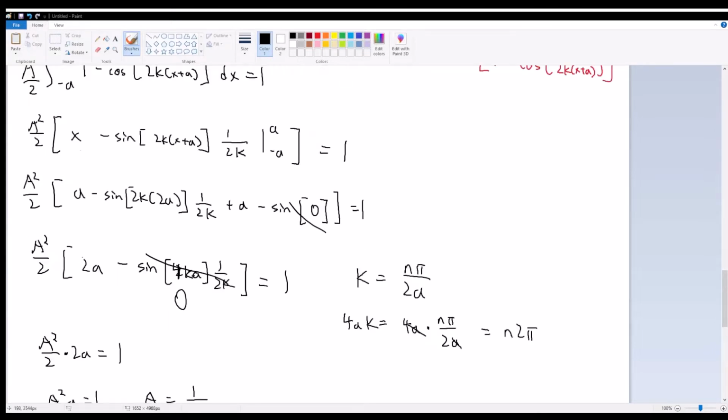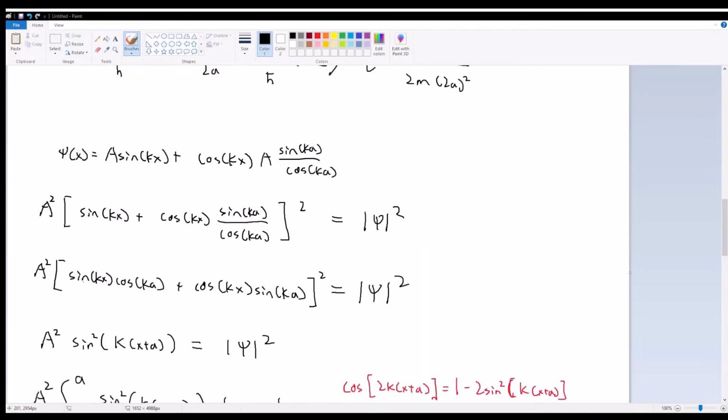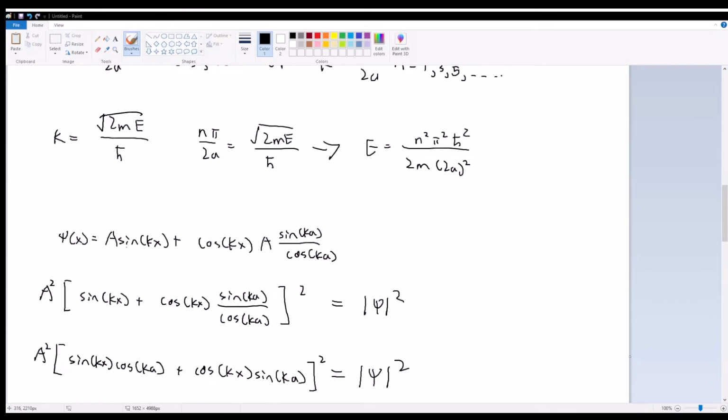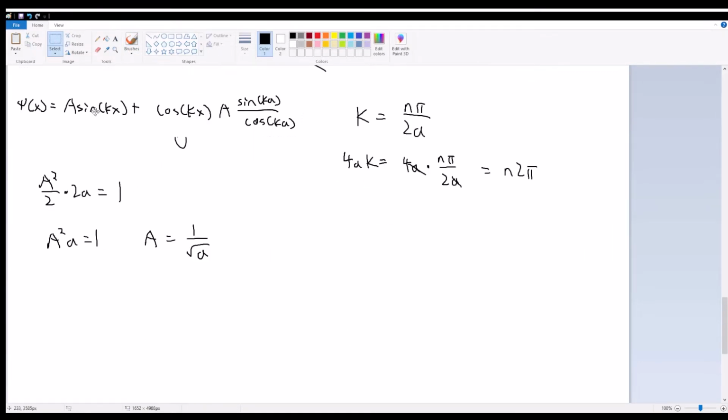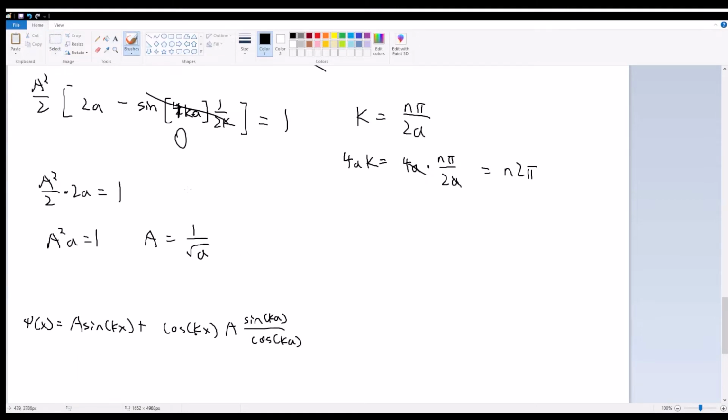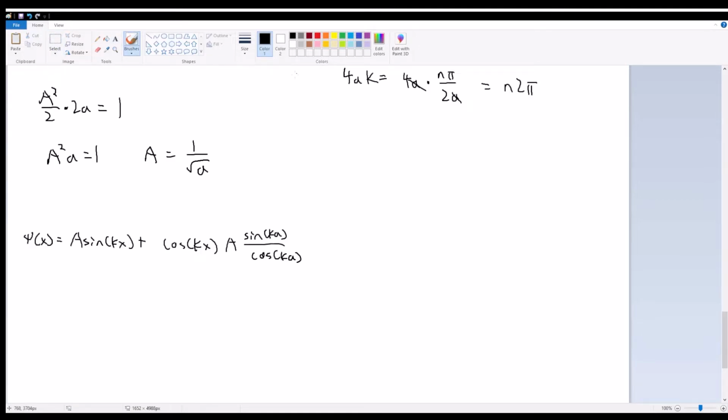And just like that, psi, going back, is equal to this expression. Then we can do the same trick we did before with the cosine addition or sine addition property, and multiply everything here by cosine Ka over cosine Ka.